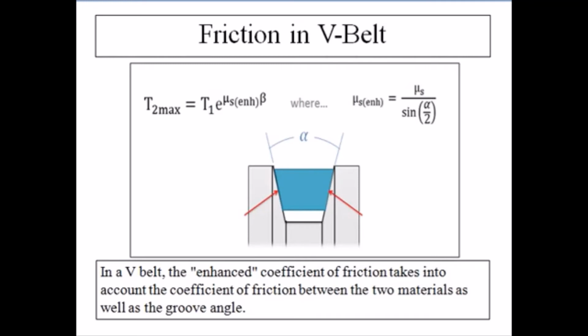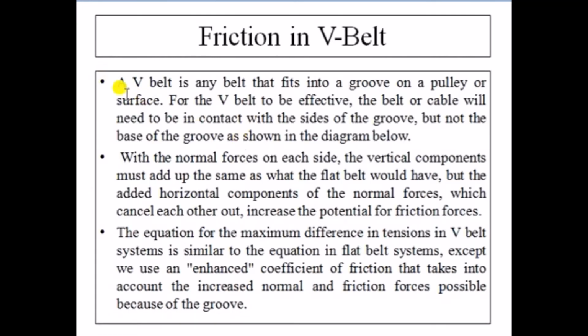Now we'll see some of the theory regarding the same. A V-belt is any belt that fits into a groove on a pulley or surface. For a V-belt to be effective, the belt or cable will need to be in contact with the sides of the groove, but not the base of the groove, as shown in the diagram which we have seen right now. With the normal forces on each side, the vertical components must add up to the same as what the flat belt would have.